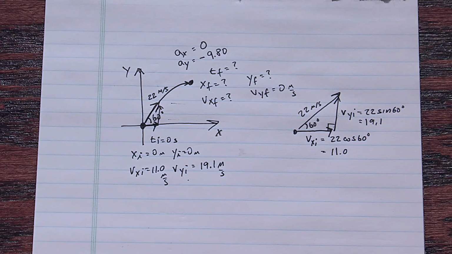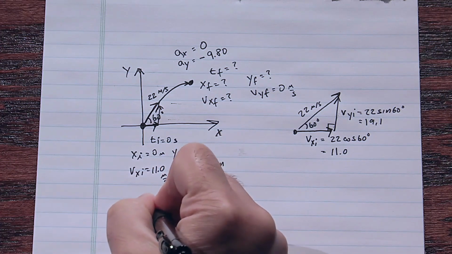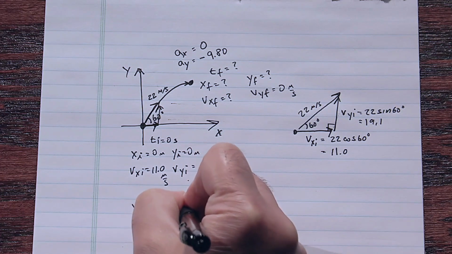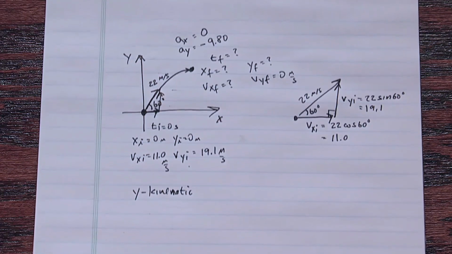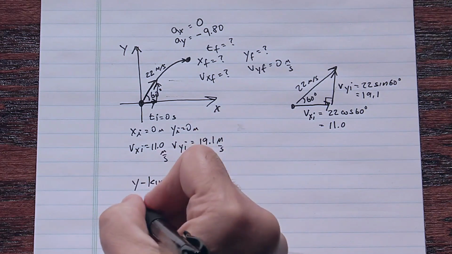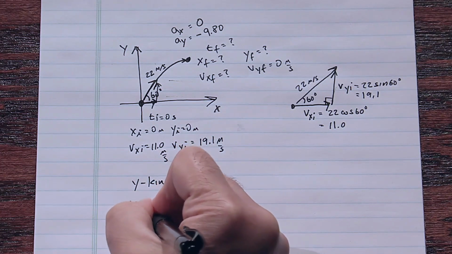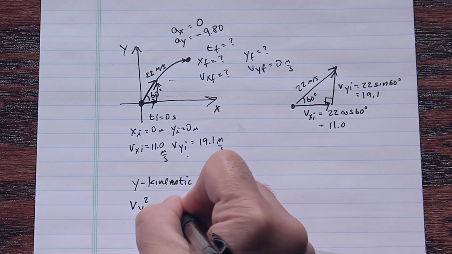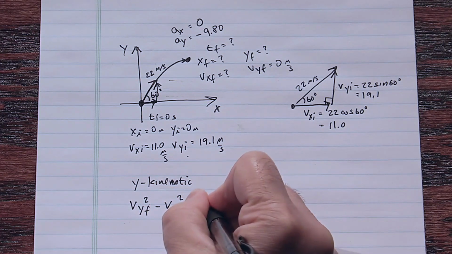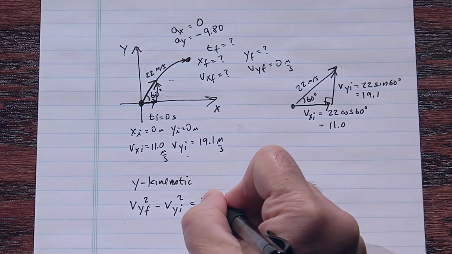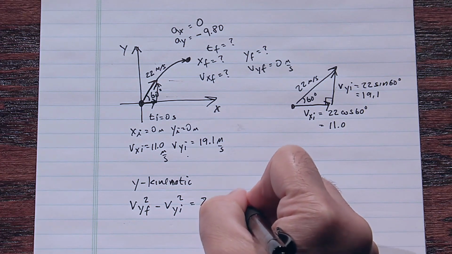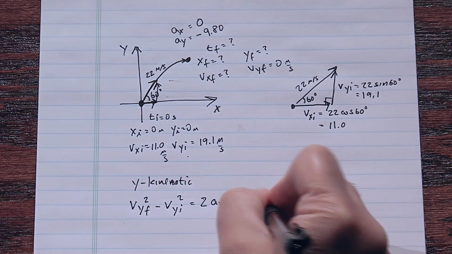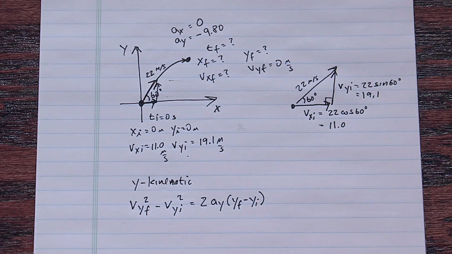So we'll use our y kinematic equation that doesn't have t final in it, and that would be Vy final squared minus Vy initial squared is equal to 2 Ay times y final minus y initial. And now we have completely modeled the situation. And all we have to do now is make it specific to this situation.